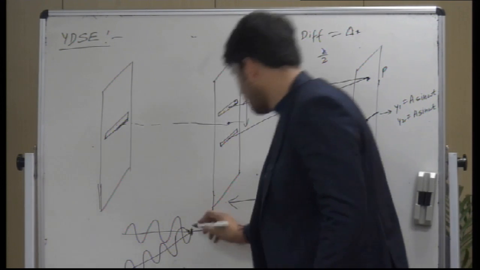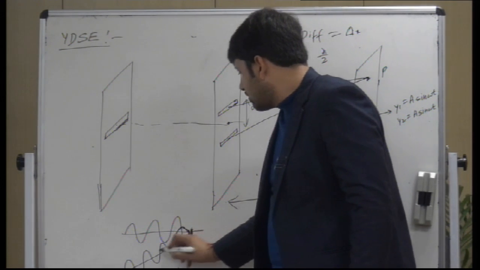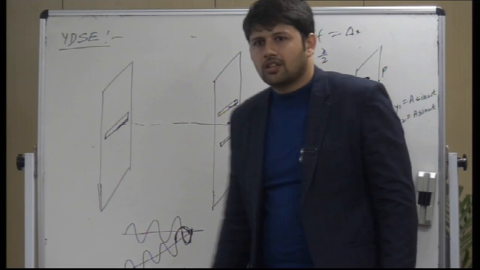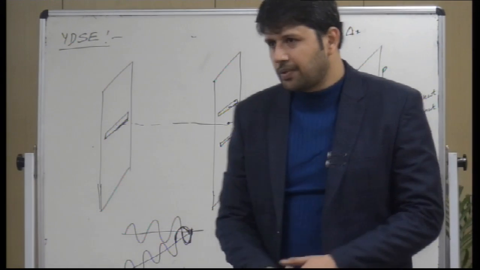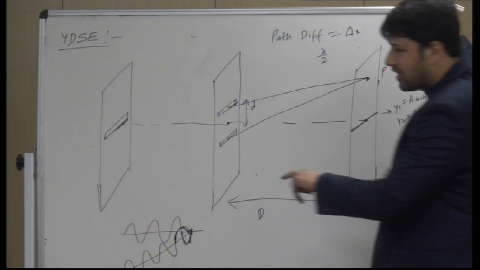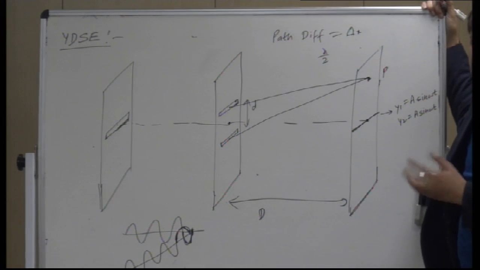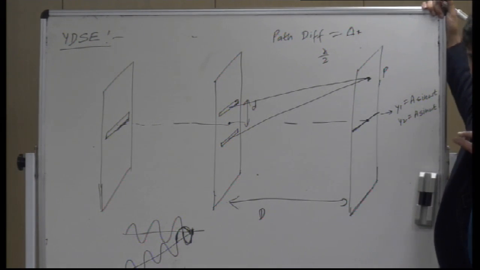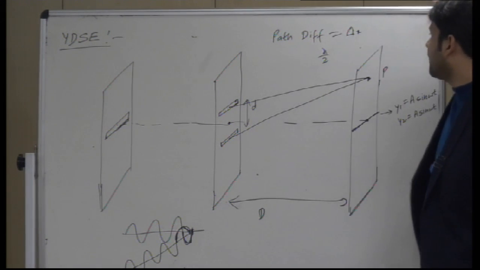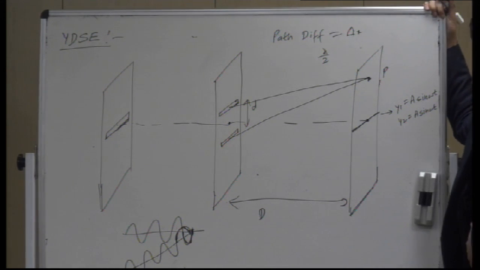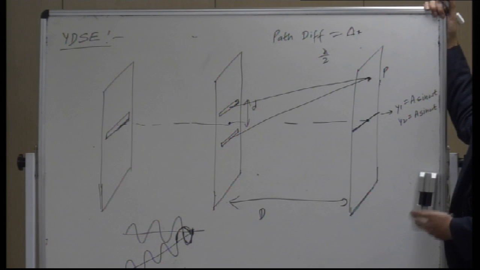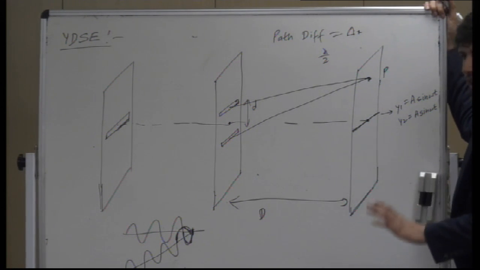So, for the second wave crest and for the first wave trough, they match. What happens? The resultant displacement would be 0. If the amplitudes are equal, it would be 0. If they are not equal, it would be non-zero, but small, right? So, whenever the path difference has a factor of lambda by 2, a destructive interference or a dark fringe comes in the picture. Is it okay? I hope it is clear.